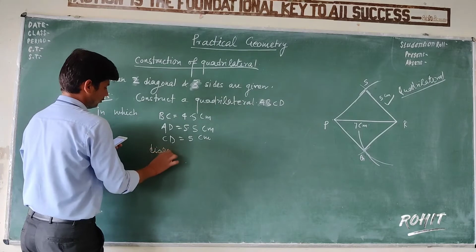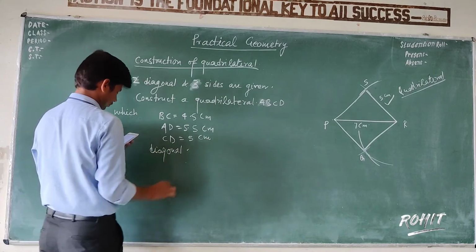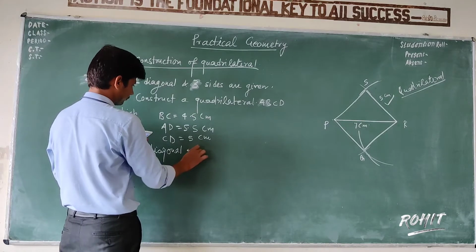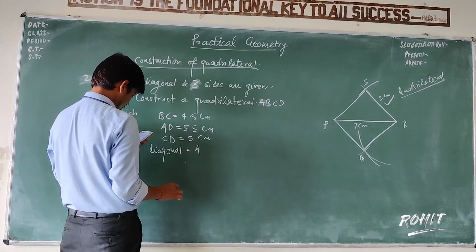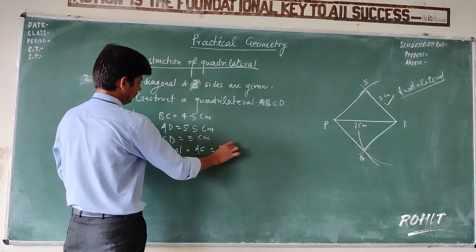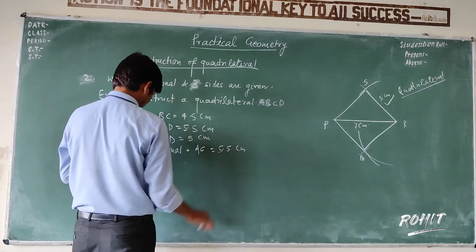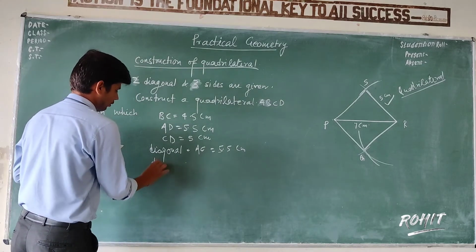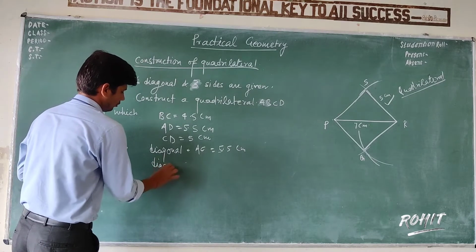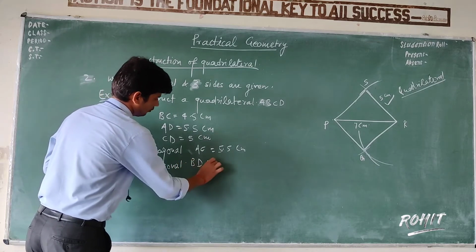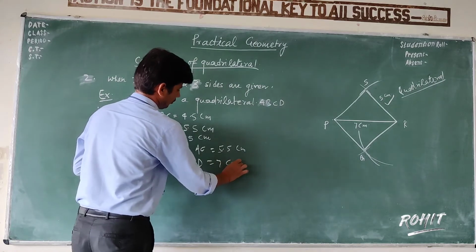Diagonal AC, how much? Diagonal AC is 5.5 centimeter, and diagonal BD is 7 centimeter.